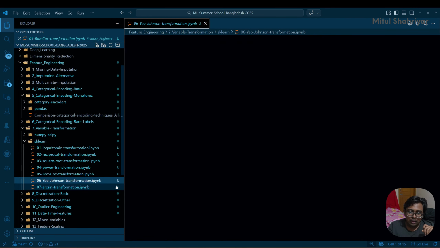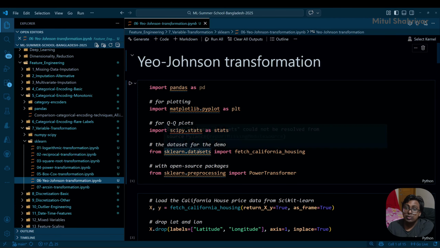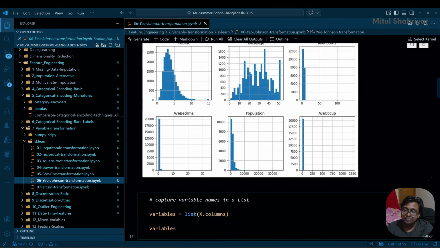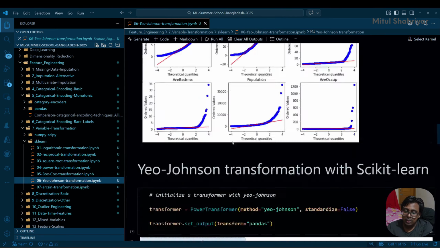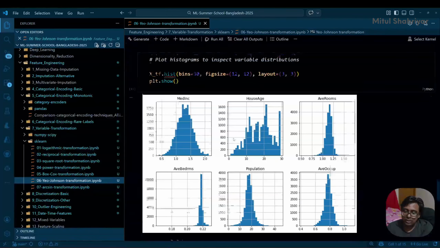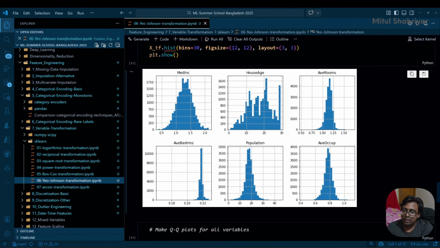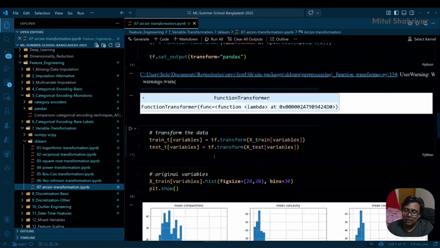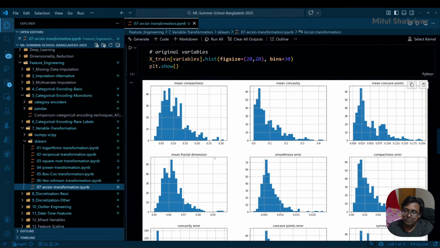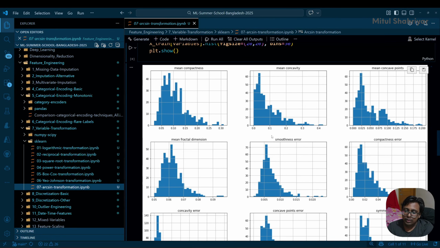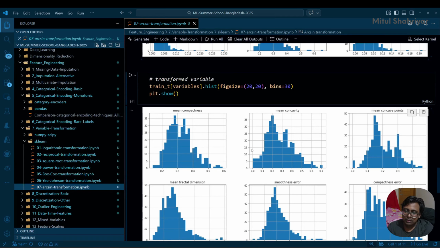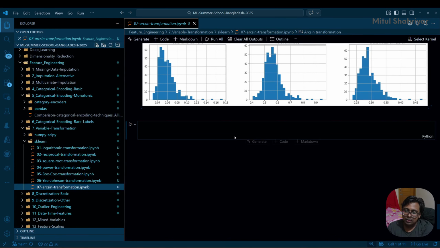For the Yeo-Johnson transformation, which also covers the negative values, this was the before, and after that you can see it's better in the middle, just like Box-Cox. And if you look at the arcsine transformation, before that it was just to the left and so on, right? But after that, what happens?